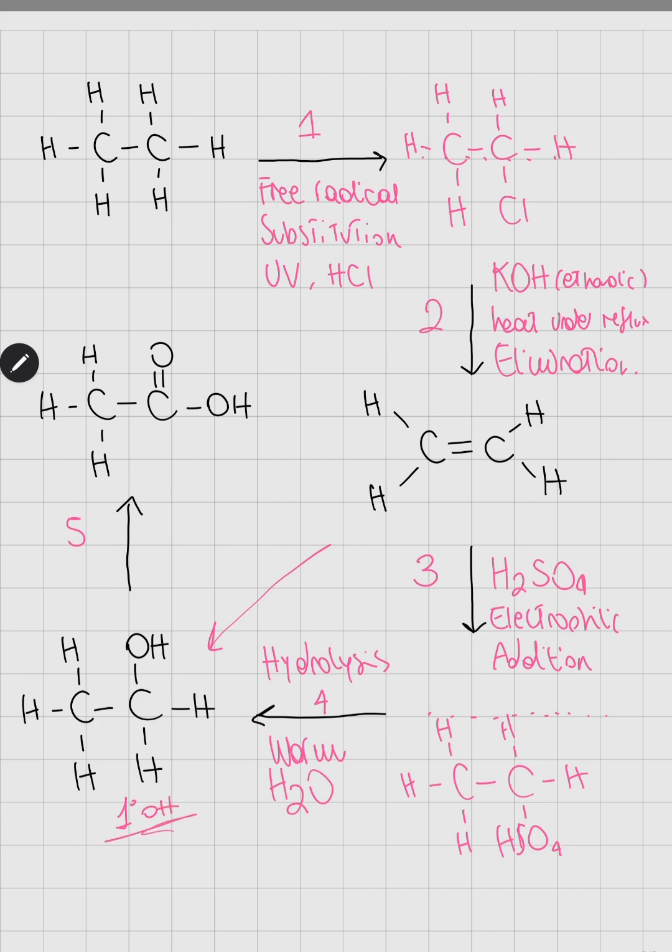Primary alcohol undergoes oxidation with, again, an oxidizing agent, the same as we saw before, potassium dichromate with concentrated sulfuric acid, but very, very important, it requires reflux. This is because distillation would give us another product, the aldehyde, but heat under reflux will give us the carboxylic acid because the oxidation goes further.